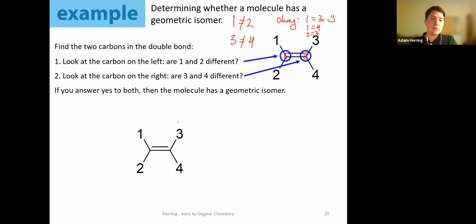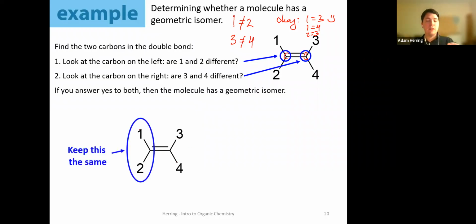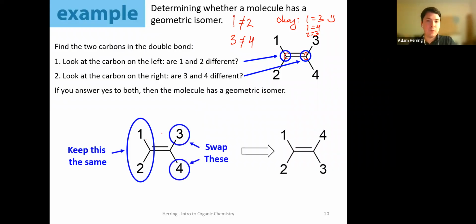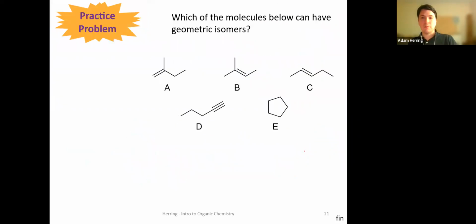So if we take this molecule and we keep 2 of those elements the same, but we rotate these 2, we swap them, you can see that we get a different arrangement. The relationship between groups 2 and 4 was on the same side, so they were cis, but now they're opposite. They're trans to each other.